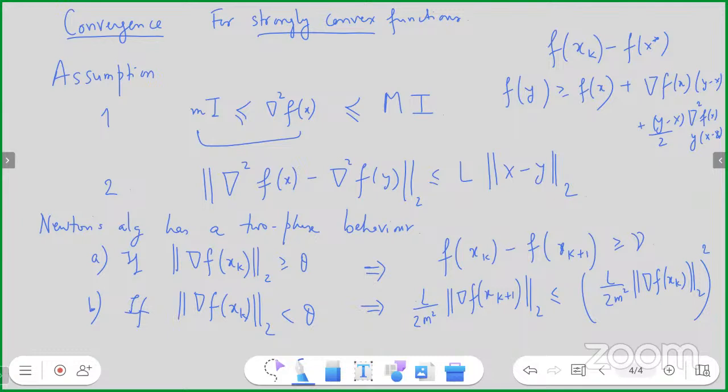There should be some control. It can't be that the gradient is very small, but you're unable to control the distance from your optimizer. That can't happen for a strongly convex or a convex function. For an arbitrary function, I can't say. That's difficult.